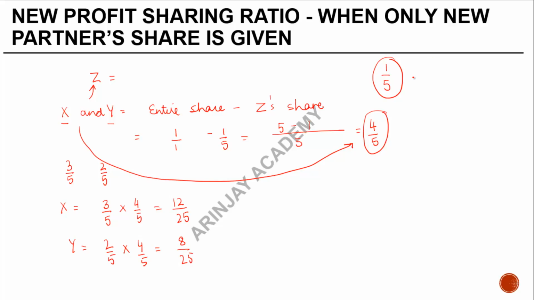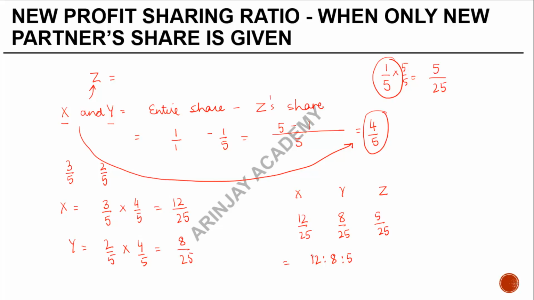If you convert this 1/5 of Z into the same denominator, you will get 5/25, multiplying by 5 and dividing by 5. So the respective shares of X, Y, and Z are going to be 12/25, 8/25, and 5/25. Or in other words, the ratio will be 12:8:5.